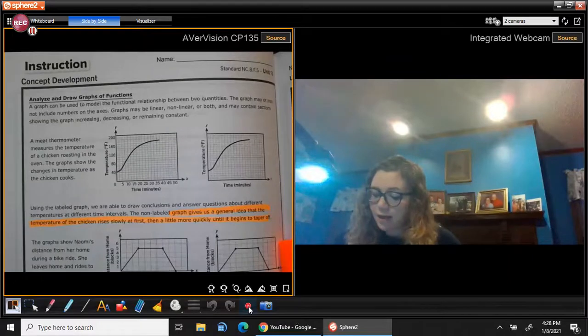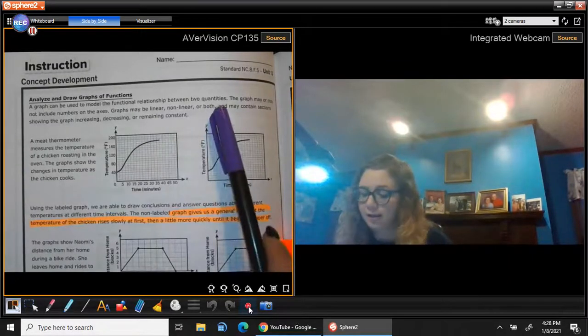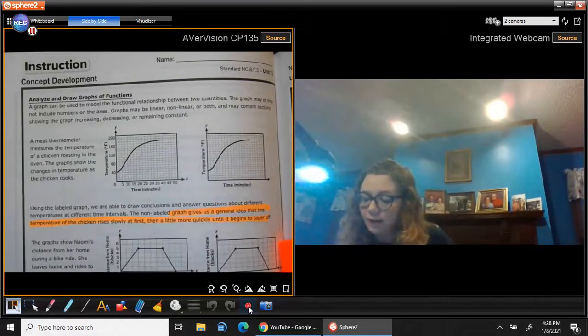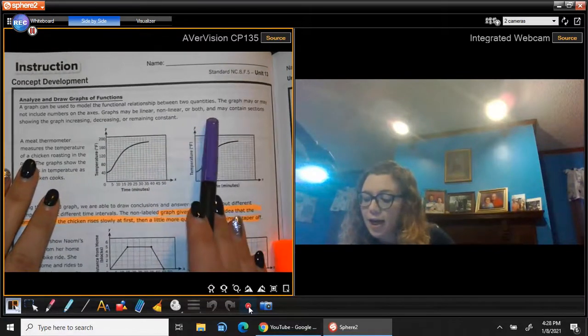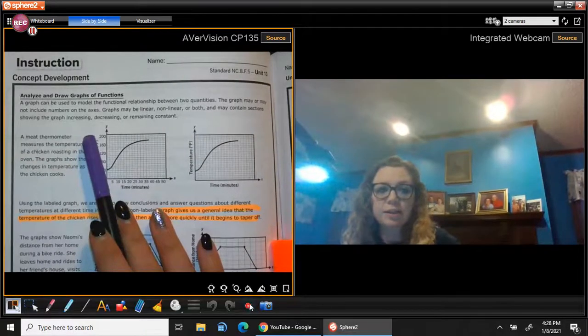So a graph can be used to model the functional relationship between two quantities. The graph may or may not include numbers on the axes. Graphs may be linear, non-linear, or both, and may contain sections showing the graph increasing, decreasing, or remaining constant.